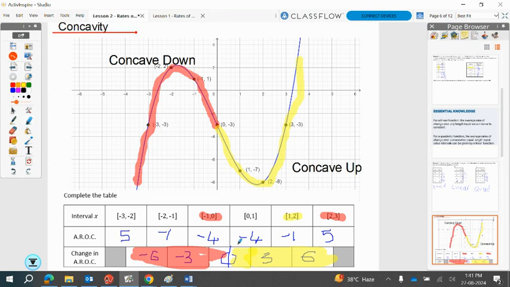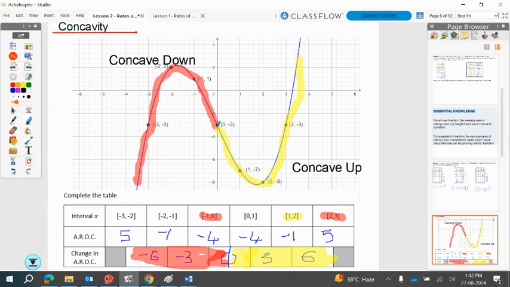So this bit is where it's concave up, this bit is where it's concave down. Now, the change in the average rate of change is negative when a function is concave down. The change in the average rate of change is positive when a function is concave up.